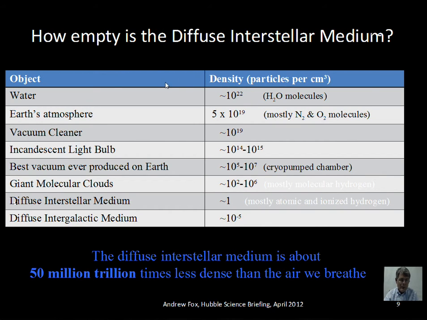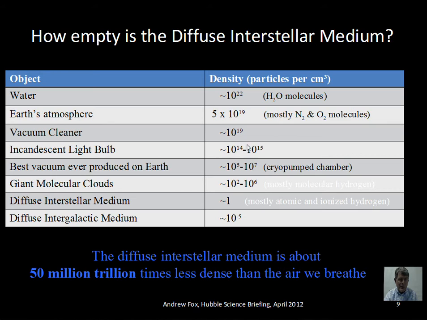So how thin is the interstellar medium? And this slide comes from a Hubble telescope presentation. We have things on the Earth here, liquid water, the Earth's atmosphere, a vacuum cleaner. It pumps out air from its system.